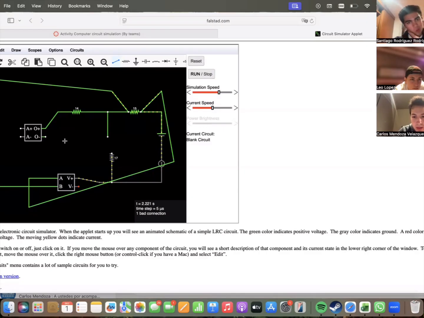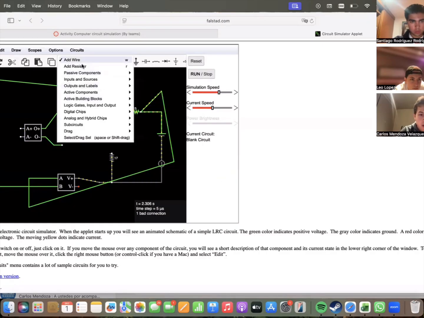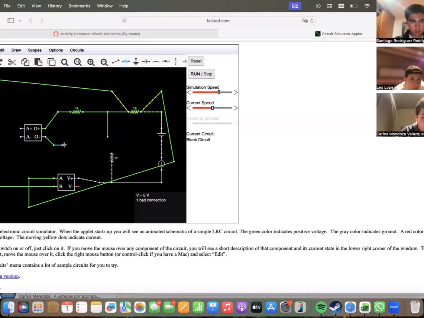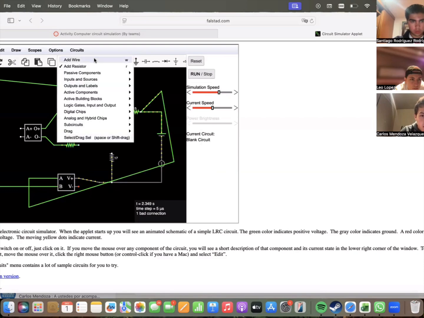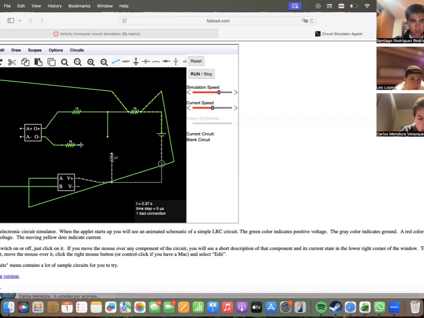Okay, so now we go from the independent current source downwards. We go this way. We need another battery here, another resistor, sorry. Another wire, and we connect right here. And this one is going to have a value of 21.